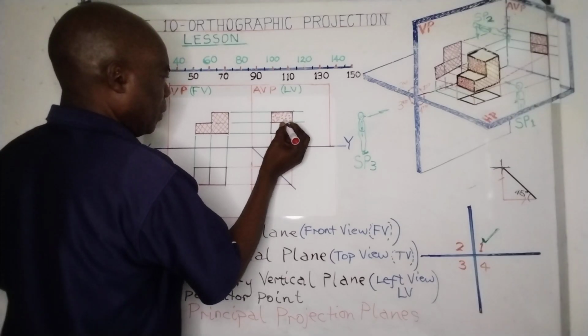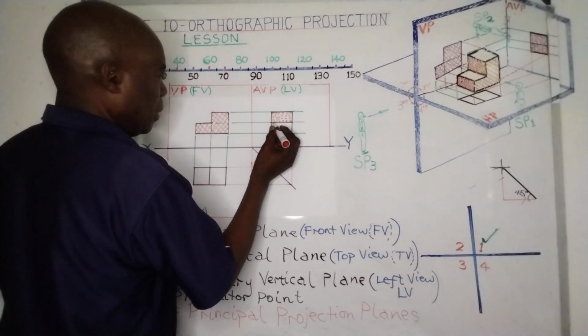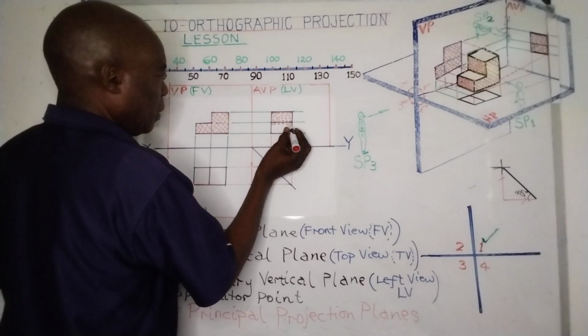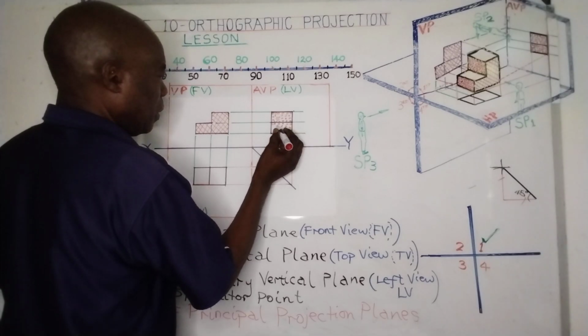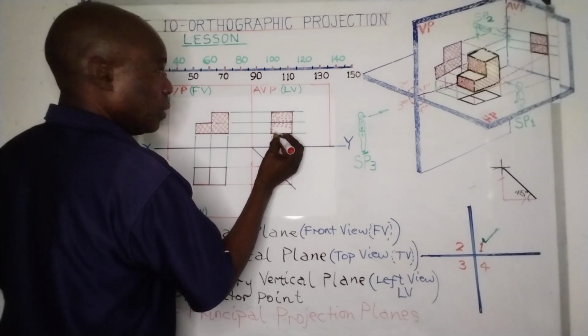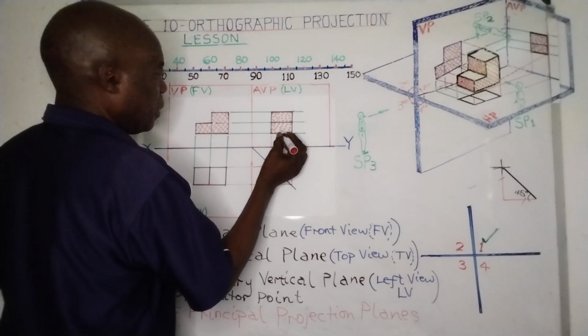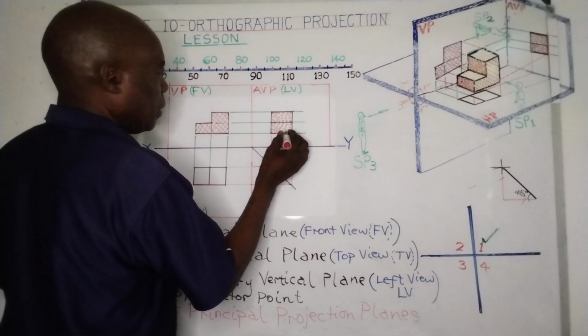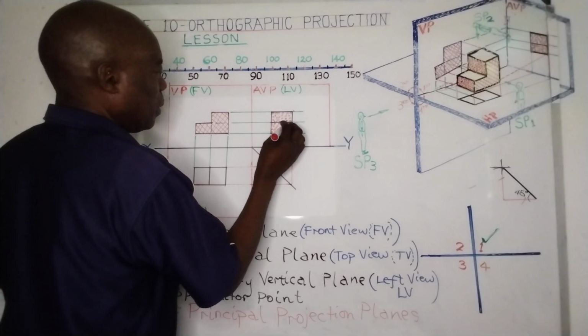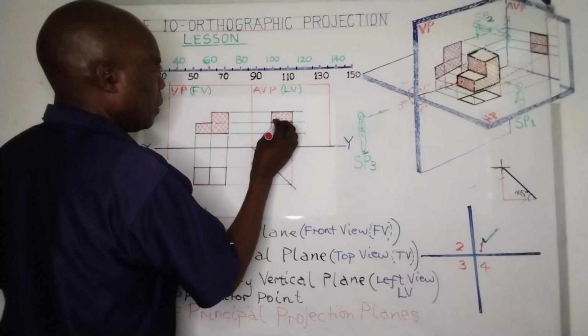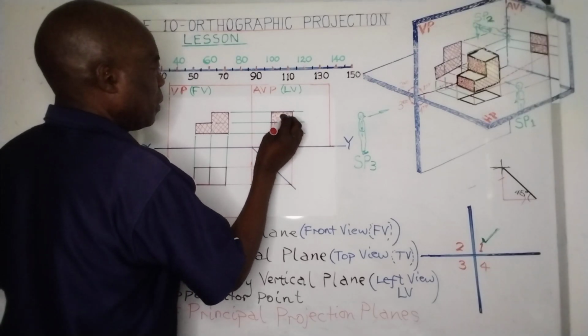Lesson 2.1, first angle orthographic projection. So when we do the second lesson, I'll give you the projection symbol that is used.